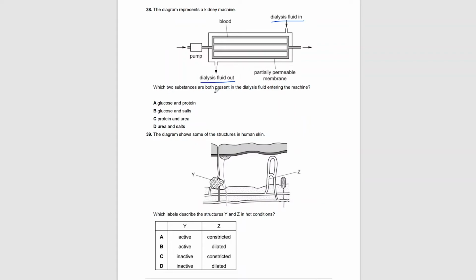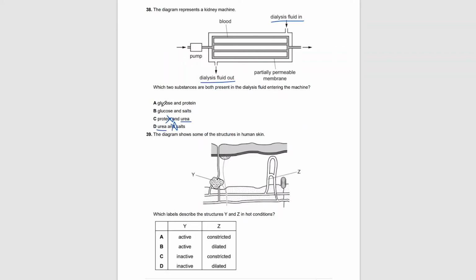In options C and D, urea is present, but urea should be absent in the dialysis fluid so that there is a concentration gradient between the dialysis fluid and the blood, so that the urea diffuses out of the blood into the dialysis fluid. So options C and D are wrong.